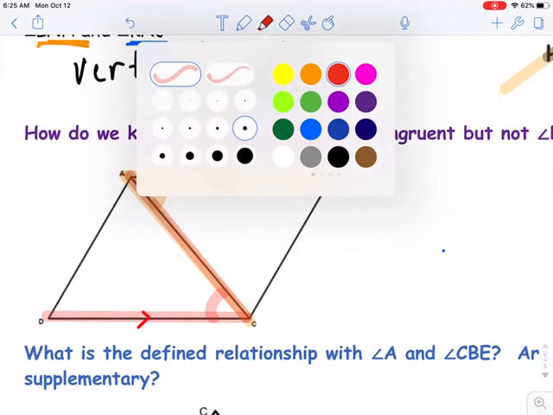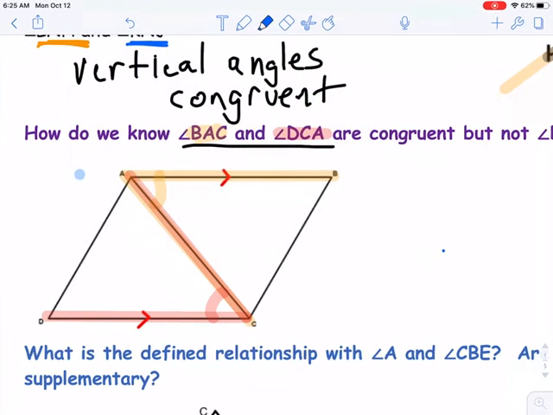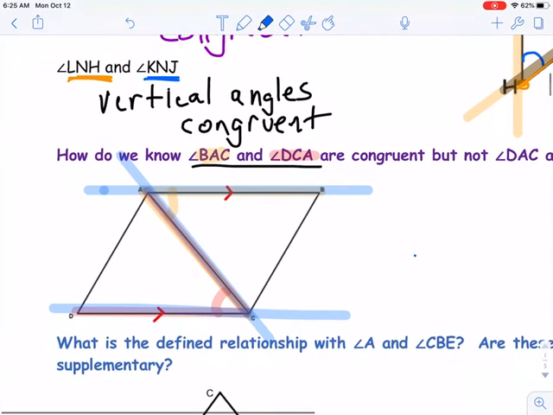Well, again, we can even just emphasize it further. We got the parallel lines. We got the transversal. Just emphasizing things on our pictures. How do we know that they're congruent?